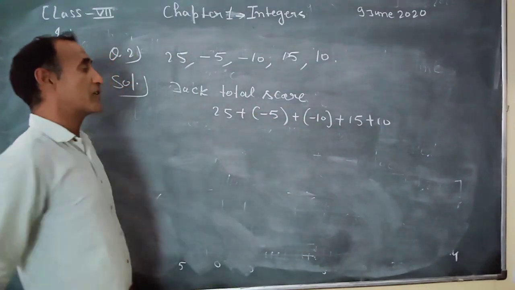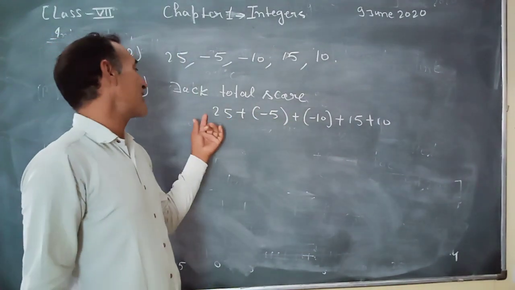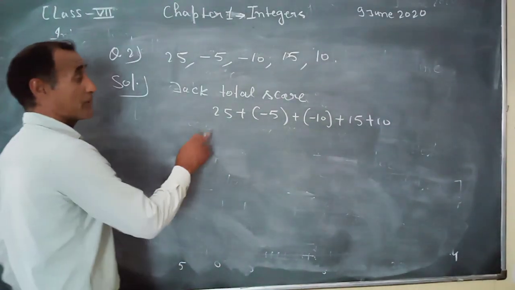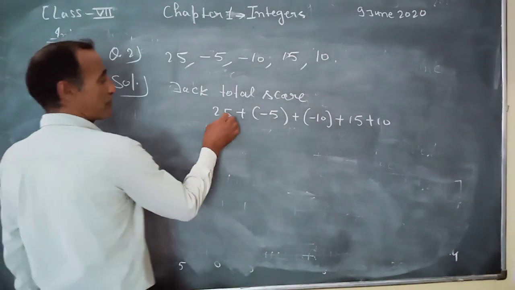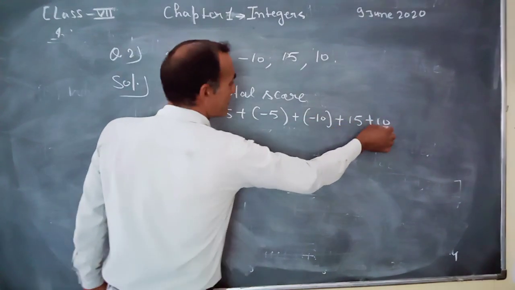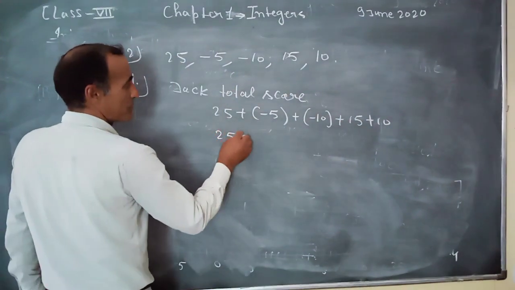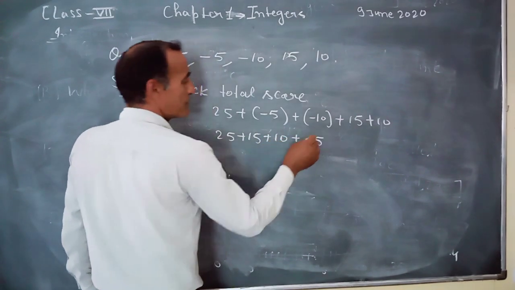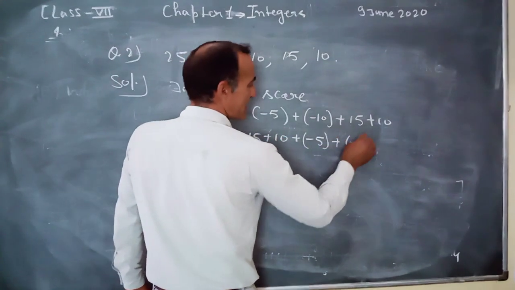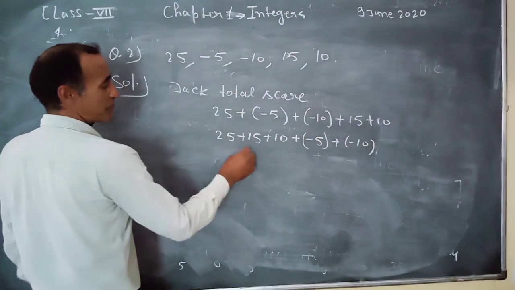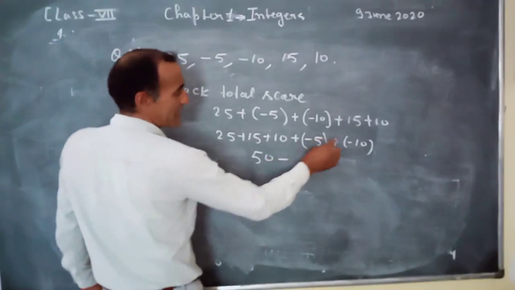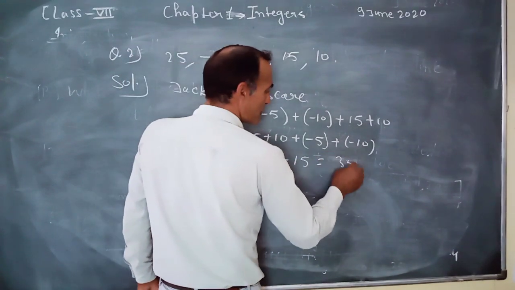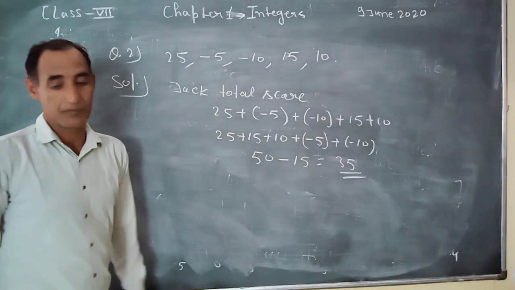Some are negative numbers and some are positive numbers. At first we add the positive numbers at a similar place: 25 plus 15 plus 10, and -5 plus -10. So it is 50 minus 15. So his score is 35.